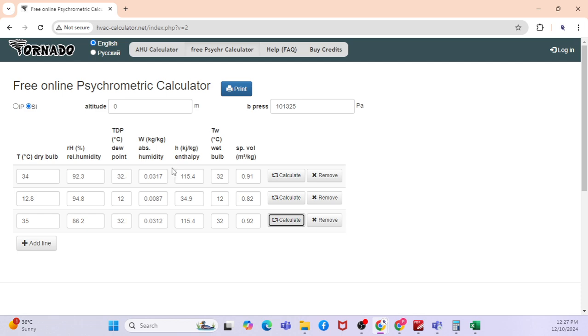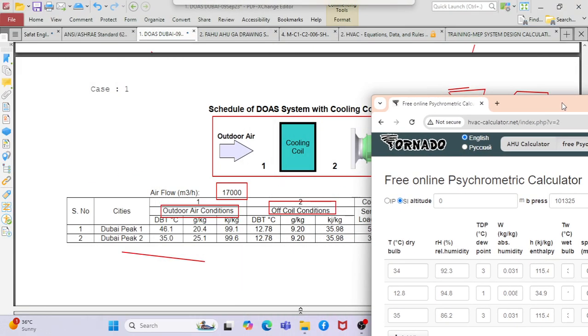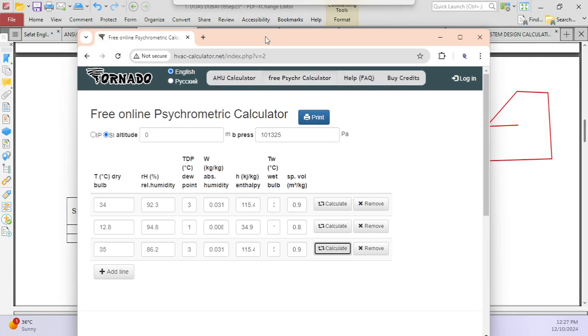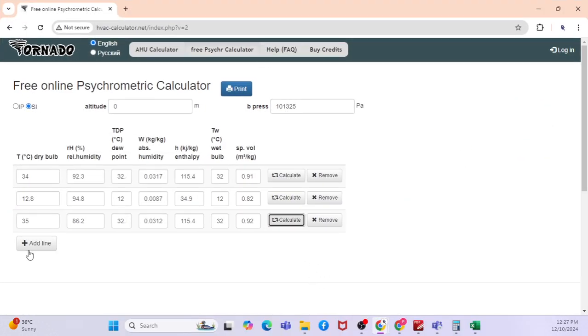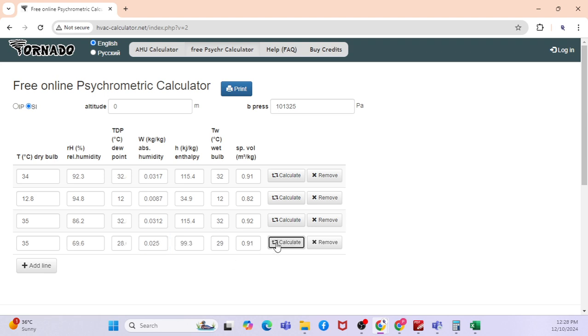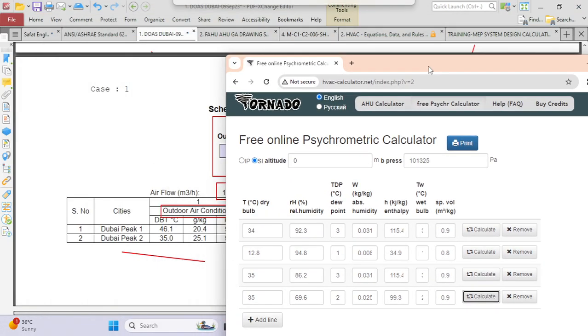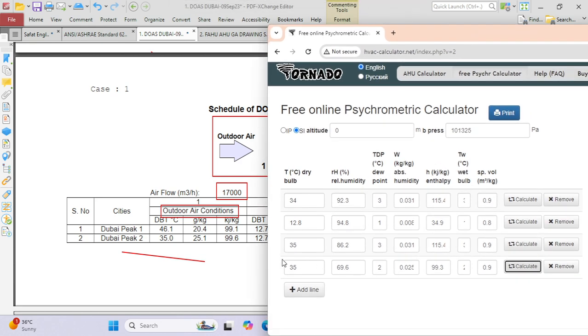Okay, but if I assume that if I make it 25.1 close to that value, maybe I will get that temperature. Say for example 35. Yeah, you can see 99.6, 99.3, this value, right?